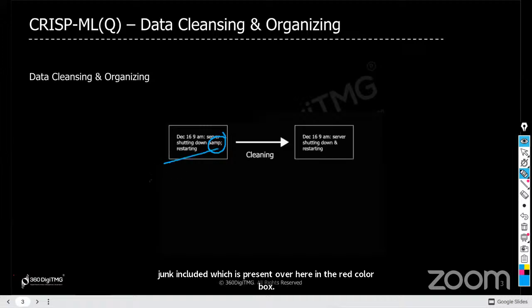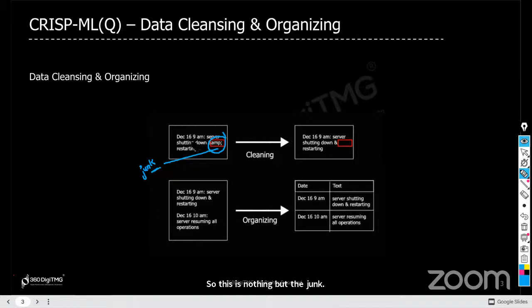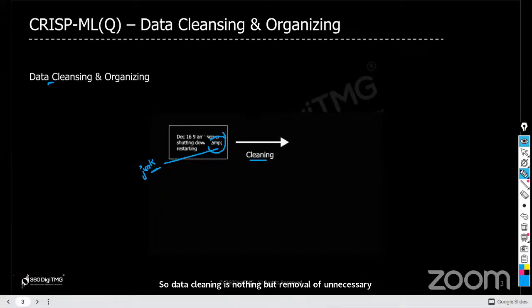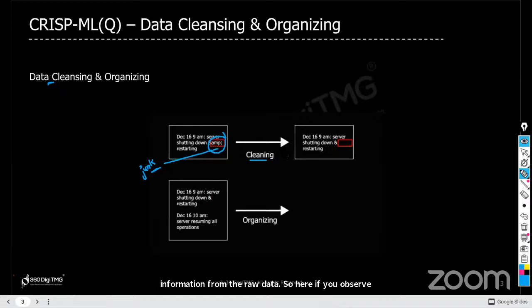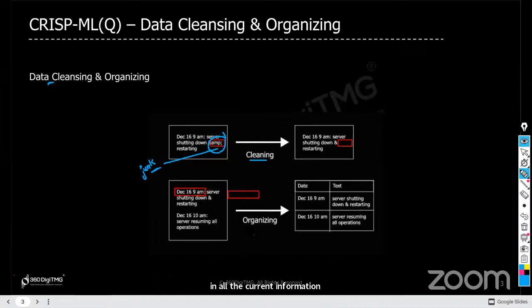So this is nothing but the junk. We don't need junk in our data. While data cleansing, what we do is we remove that junk and we present the data. So data cleaning is nothing but removal of unnecessary information from the raw data. So here if you observe, in all the current information present, we remove the junk, which is nothing but data cleaning.